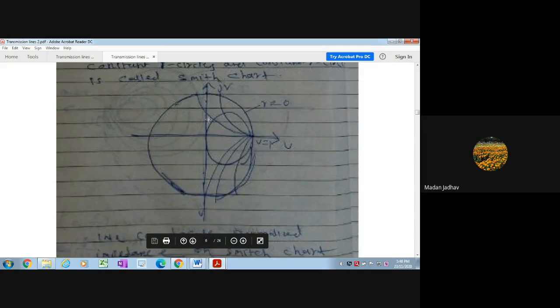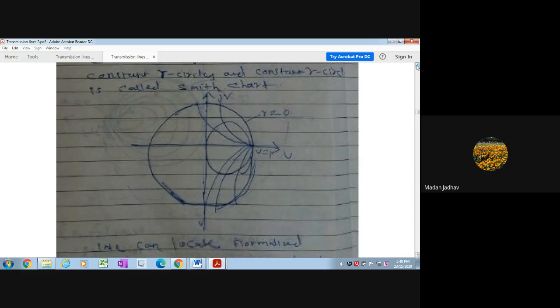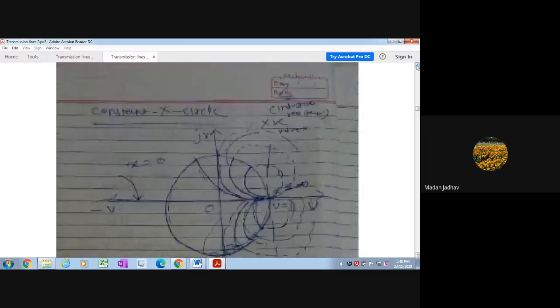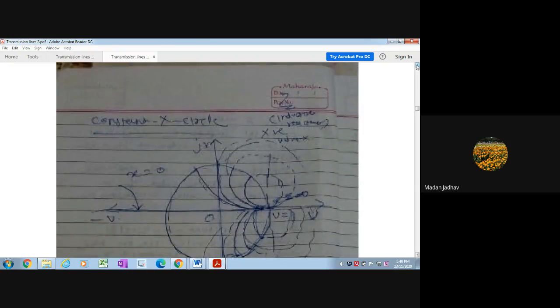Now to locate the impedance on the Smith chart, first of all we have to normalize that impedance and then select the point of intersection of the R circle and X circle. When you normalize the impedance, you will get R plus jX or R minus jX.